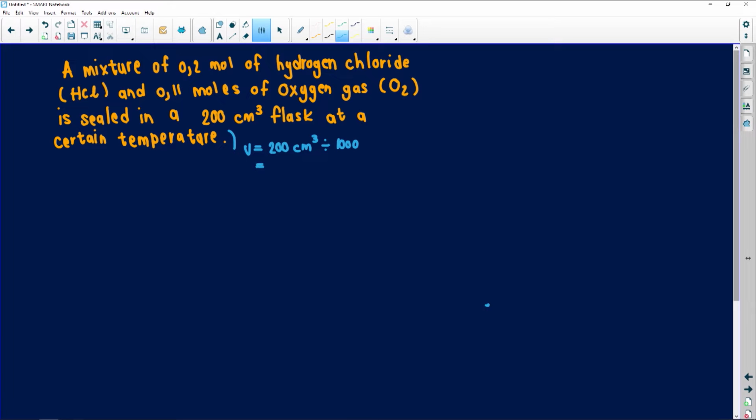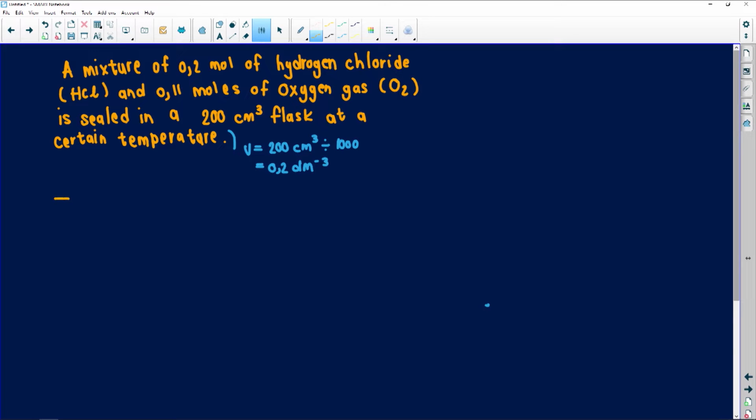So my new volume will be 0.2 cubic decimeters, which is dm^3. That was the only thing that I needed to convert. Let's continue. So a mixture of 0.2 moles of hydrogen chloride, which is HCl, and 0.11 moles of oxygen gas, which is O2, it's diatomic, is sealed in a 0.2 cubic decimeter flask at a certain temperature.